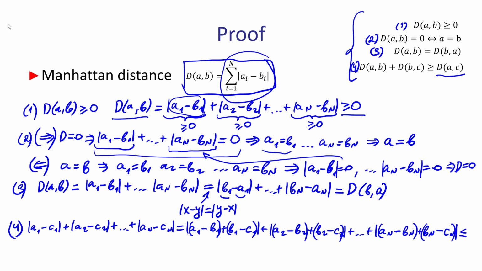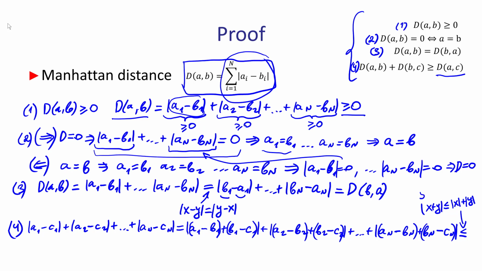Now we want to use the regular triangle inequality, which you learned in school. The regular triangle inequality says that |x plus y| is smaller or equal, for numbers x and y, not vectors, to |x| plus |y|. This is the triangle inequality for numbers.